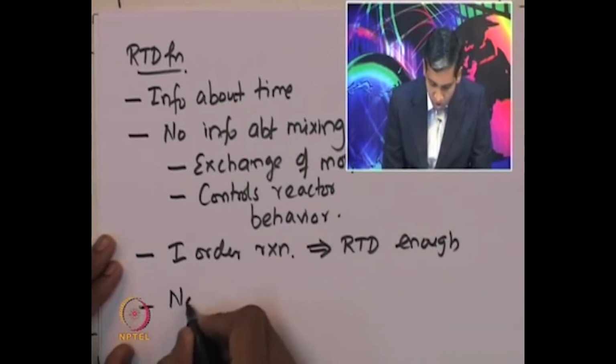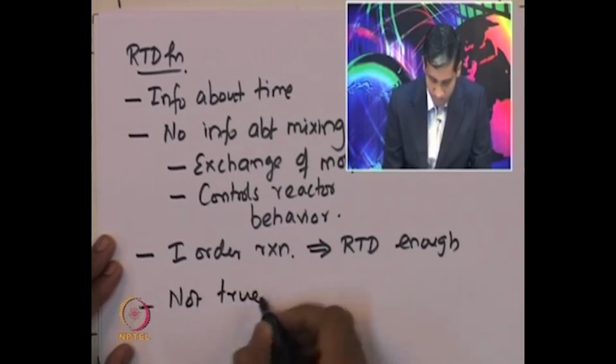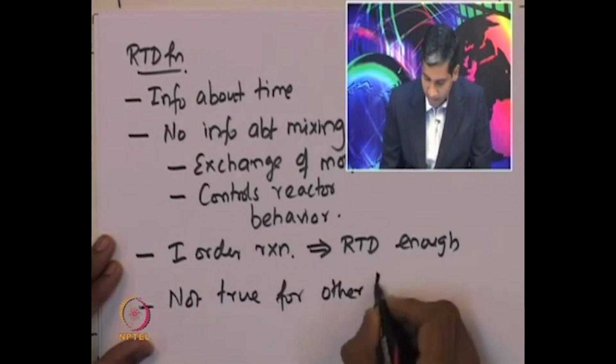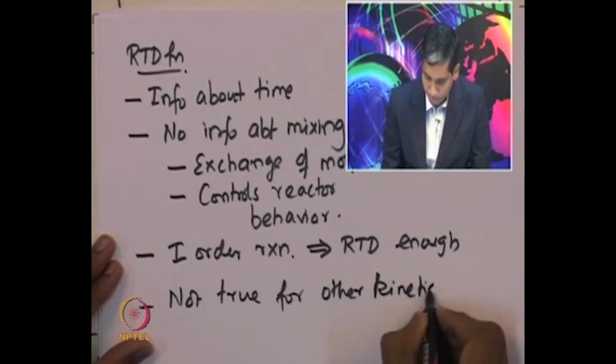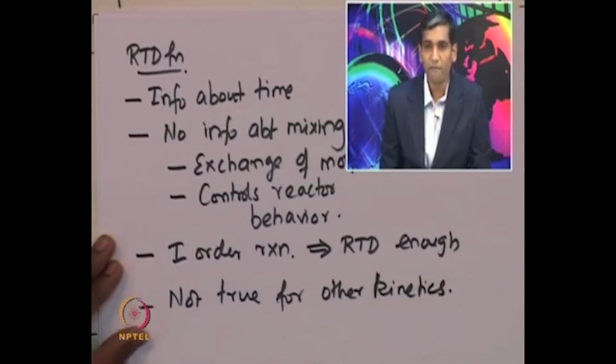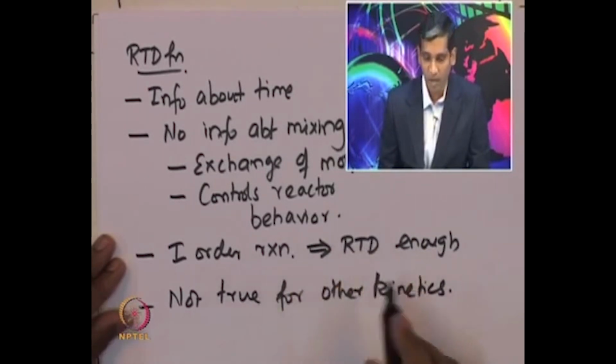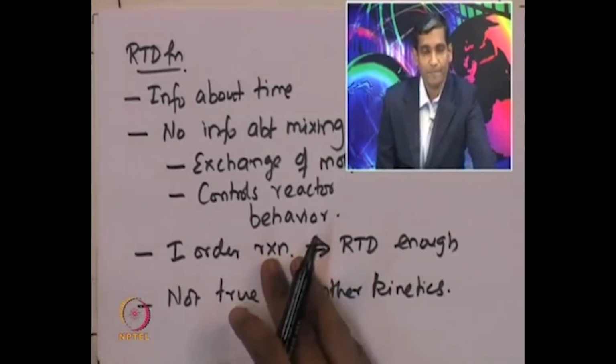And this is not true for other kinetics. The information about the degree of mixing is required for all kinetics other than the first order reaction.